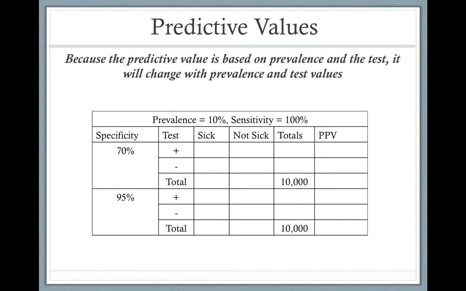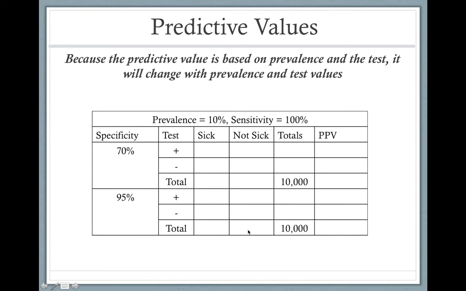If the population is 10,000 and you know the prevalence is 10%, then we have 1,000 people that have the disease, so that'll go in this box. And then it's just 10,000 minus 1,000, or 900 will be without the disease in this box.